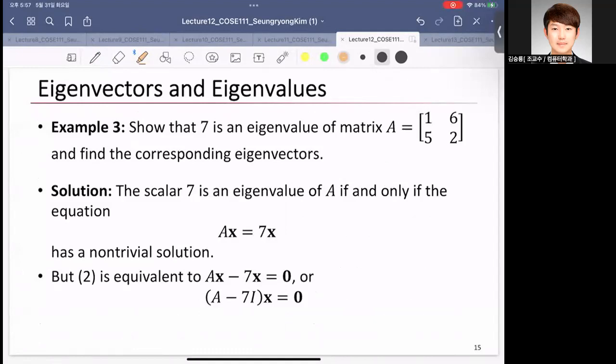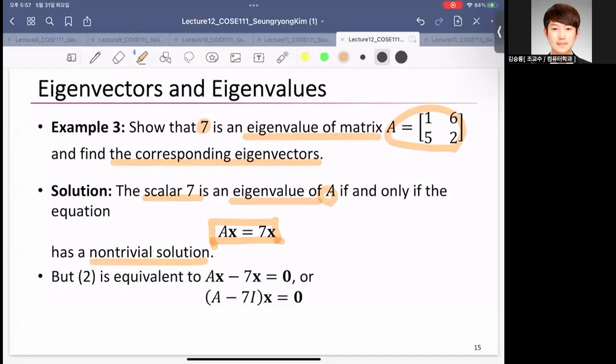Show that 7 is an eigenvalue of matrix A, 1, 5, 6, 2, and find the corresponding eigenvectors. First of all, scalar 7 is an eigenvalue of matrix A if and only if Ax equals 7x has a non-trivial solution.